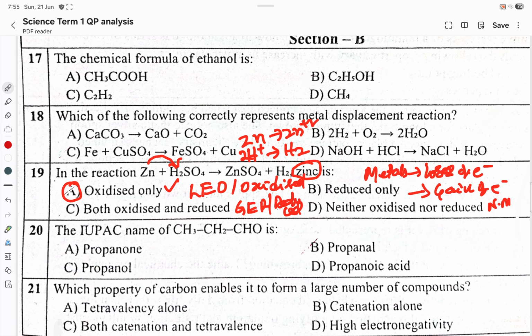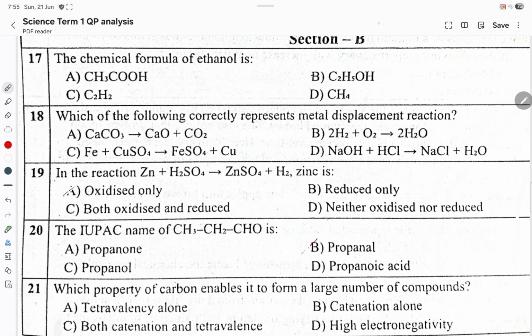Clear? Now, zinc, the one which loses electrons and is oxidized, is the reducing agent. We have to understand this: the one which loses electrons undergoes oxidation, and that helps in the reduction. That's why it is called a reducing agent.